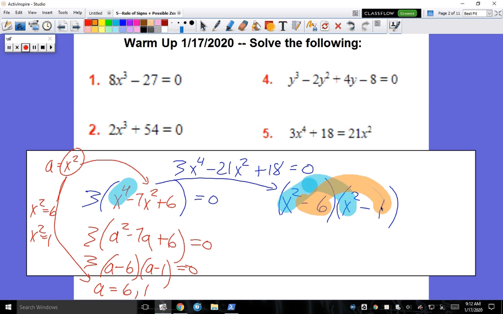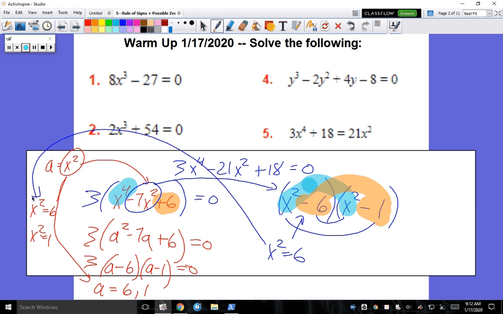This negative 6 and negative 1 gives me a positive 6, and the negative 6 and a negative 1 gives me a negative 7x squared. So when I solve it, setting it equal to 0, I would still get that piece, and over here, I'd get x squared is equal to 1.